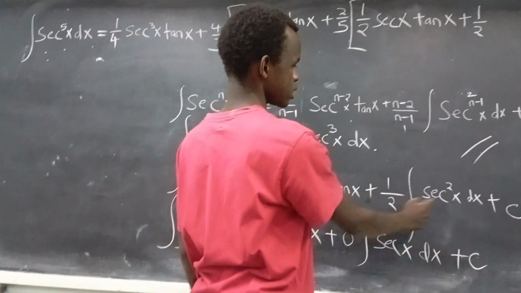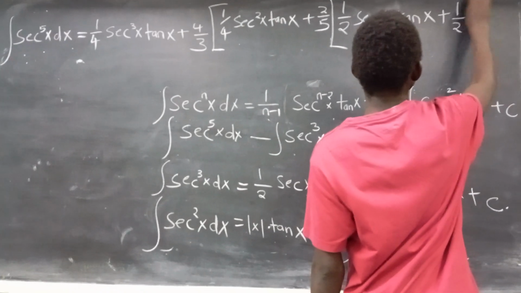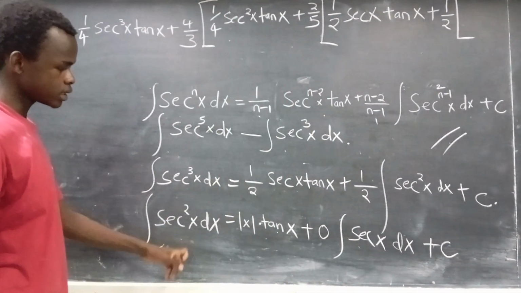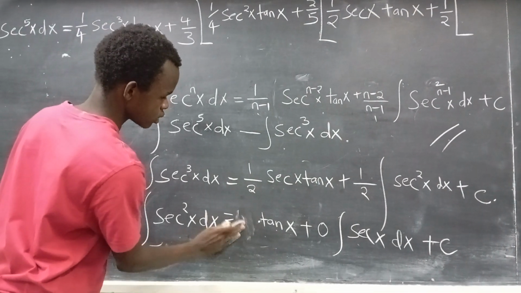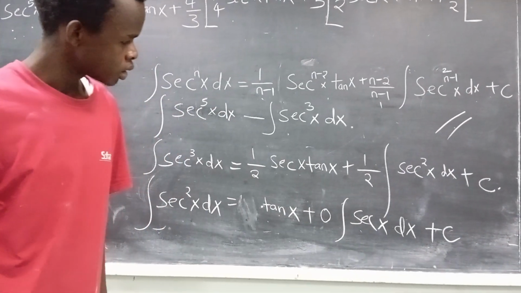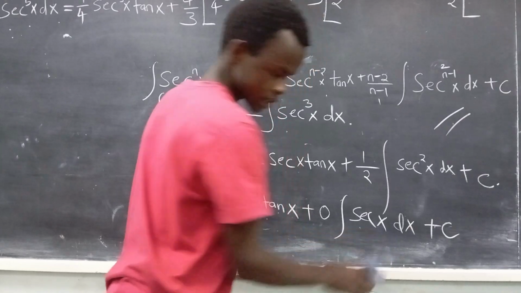Now what's secant squared? So it will be a half into, now secant of x squared is this. So secant of x squared is just, so this 1 plus also is to just remain this way. This other part will be 0. So it's 0 multiplied by secant of x.